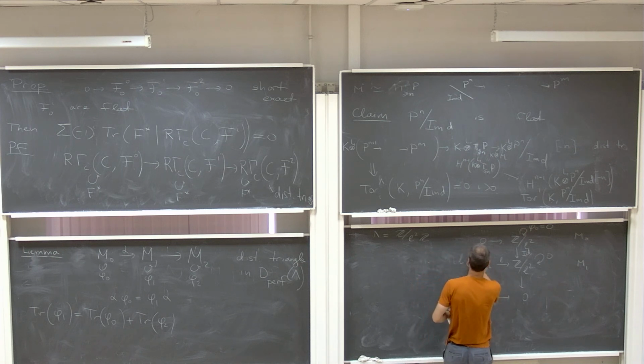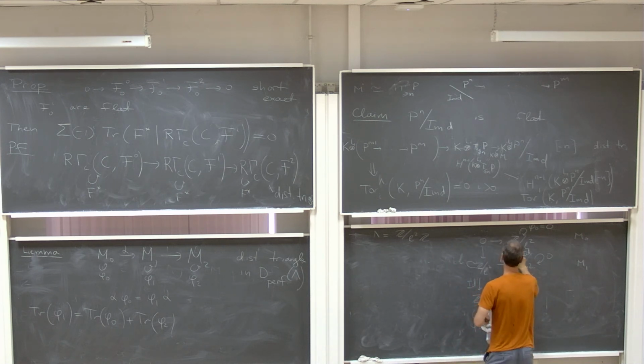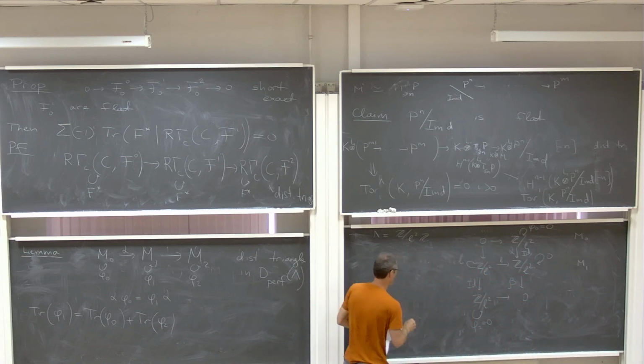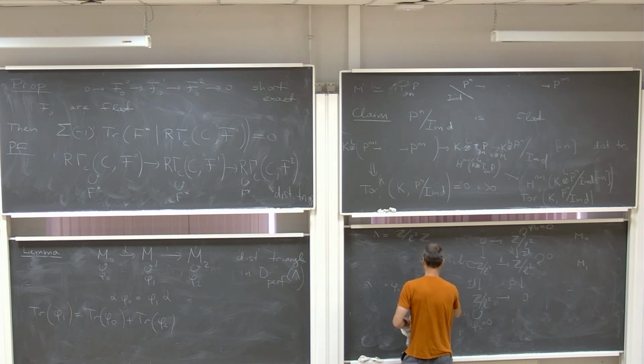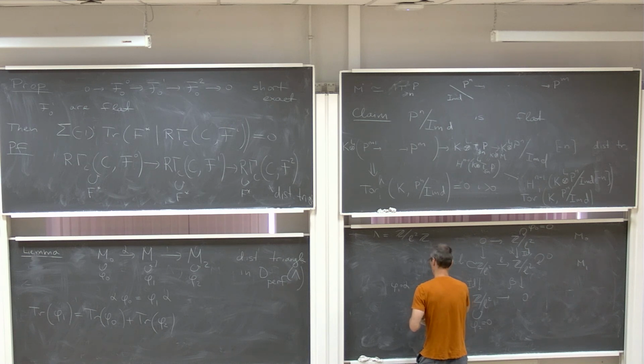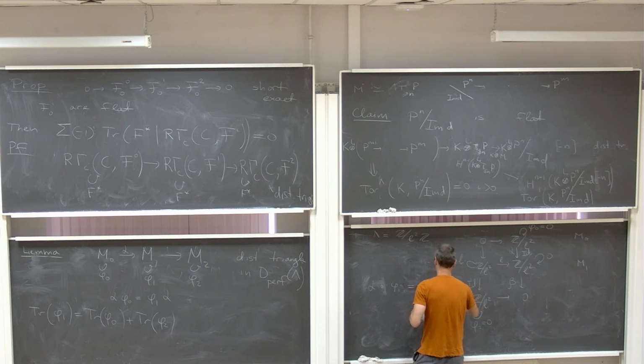Let's call this map alpha and this beta. What we want to check is that phi1 composed with alpha is equal to phi2 composed with beta, right?